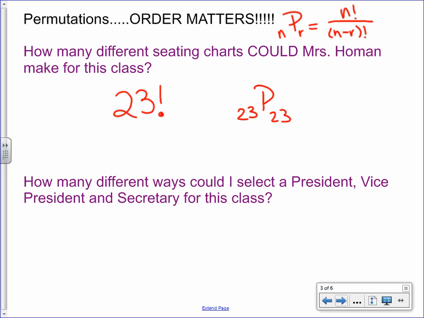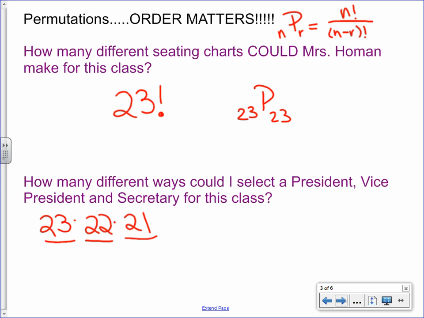Okay, so we can think about this a couple different ways. All right, I have a president, vice president, and secretary. How many options do I have for a president? 23. And how many options do I have for a vice president? And how many options do I have for a secretary? 21.